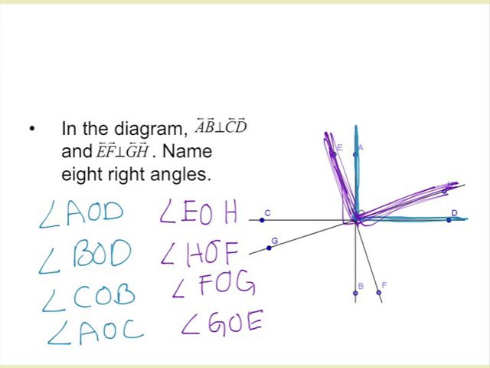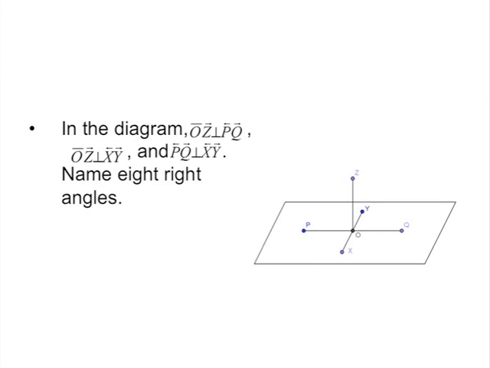In this picture, everything's flat on the paper. In this picture, it is not. So here we have a 3-dimensional image. We are told in this diagram, OZ is perpendicular to PQ. Got a perpendicular there. We are told OZ is also perpendicular to XY. So that is a right angle. It doesn't really look like it, but it is.